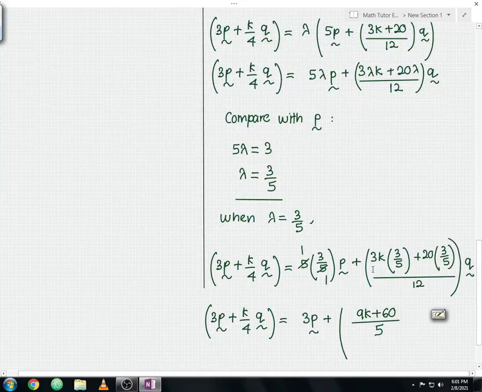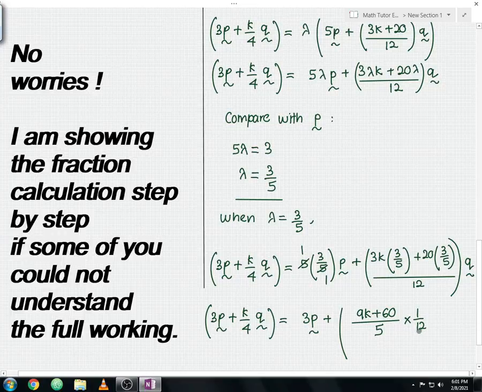But then remember, guys, you still need to divide with the 12 over here. Since you are dividing with 12, you change it to a fraction, which will be times 1 over 12. So 9k plus 60 over 5 you times with 1 over 12. So from here you should get 9k plus 60 over 60. Okay, so this is the working, guys, the working inside the fraction.